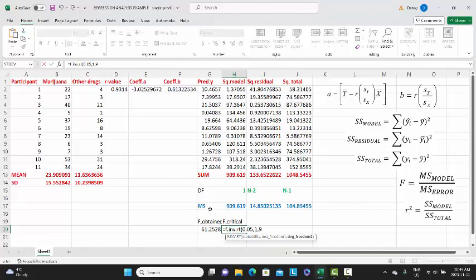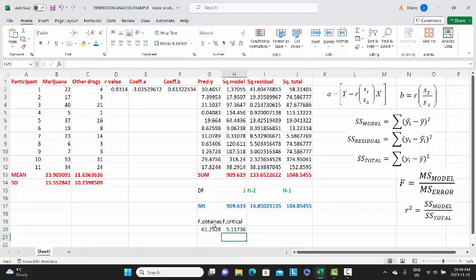That's a 9. We shift 0 and we hit enter. So we see we have a fairly large critical value, and the reason is because relatively our sample size is actually quite small at 11 participants for a study like this.